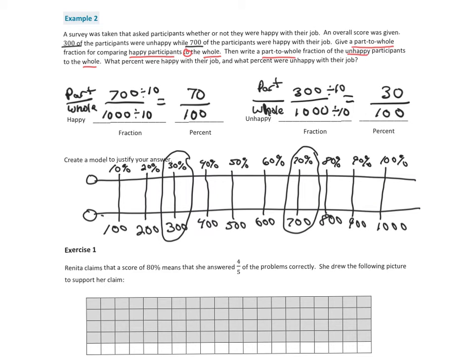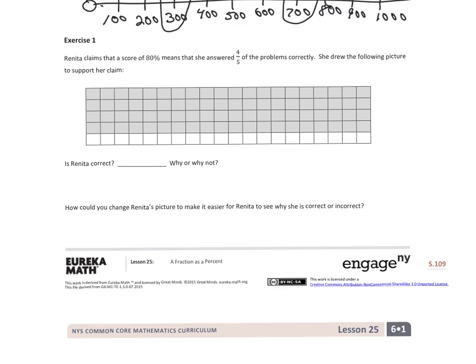Okay, let's scroll down and look at exercise number 1. Exercise 1 says, Renita claims that a score of 80% means that she answered 4/5 of the problems correctly. She drew the following picture to support her claim. So we have columns, we have 1, 2, 3, 4, 5 columns. And she highlighted 4 of those 5. She wants to see if this is correct.